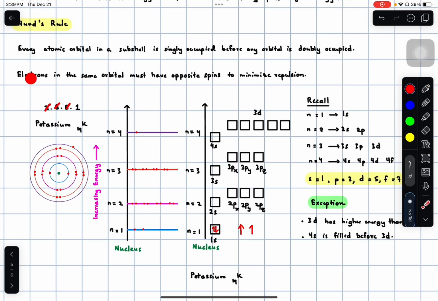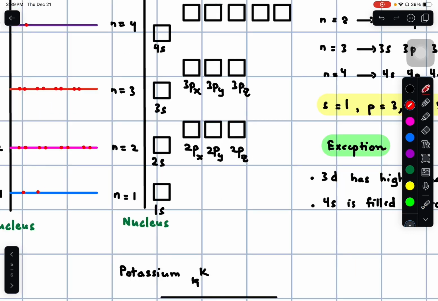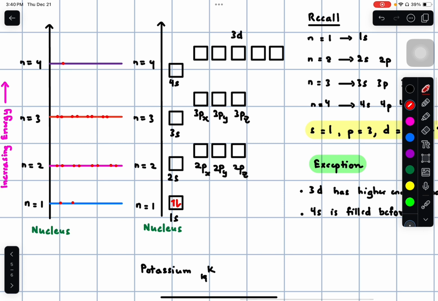Hund's rule says that electrons in the same atomic orbital must have opposite spins to minimize repulsion, meaning that it will be wrong to draw them like this. The second electron that you draw in the same atomic orbital must have an opposite spin to minimize repulsion. So we've completed n equals 1.